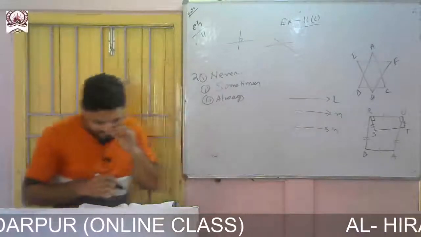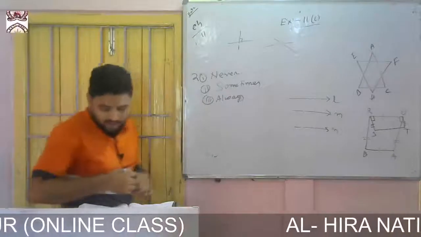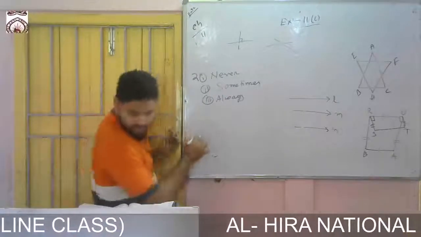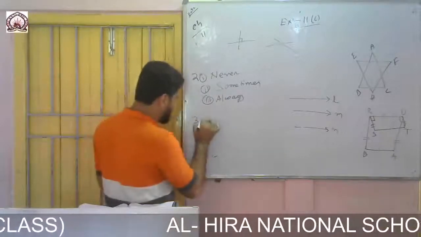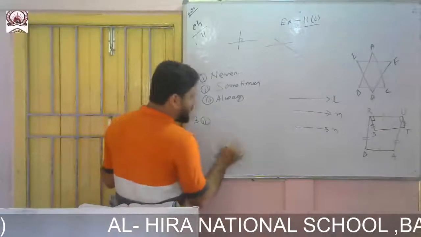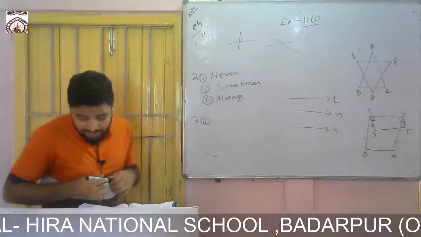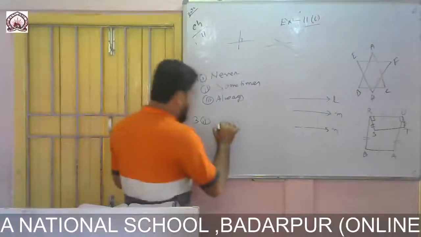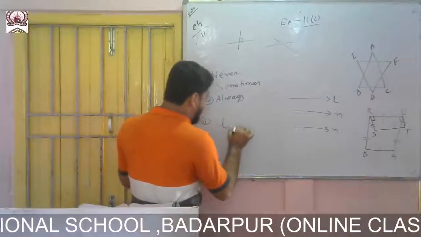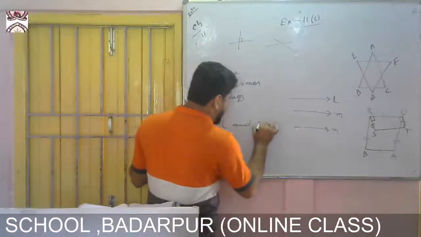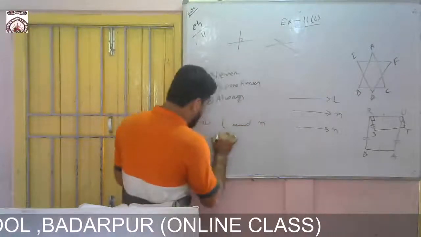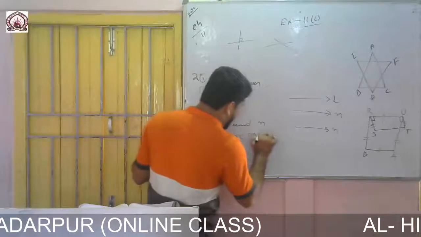Okay. So write the conclusion for question number 3. What can you say about the lines? Therefore, line L and N will be parallel lines.